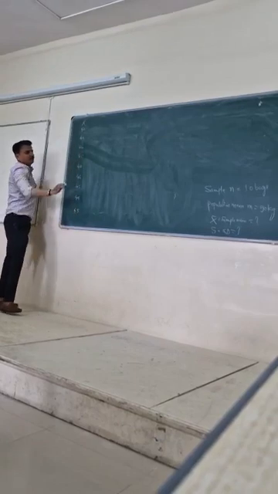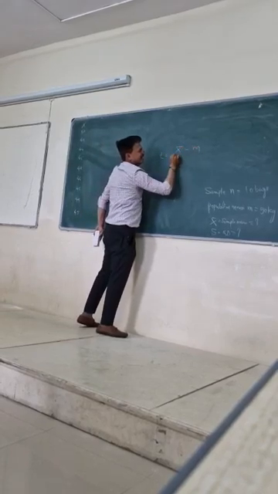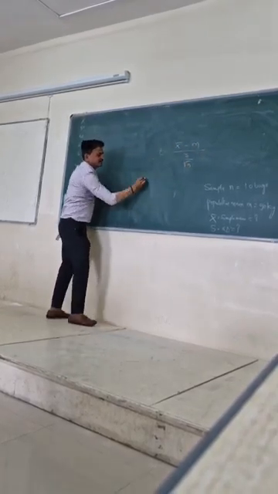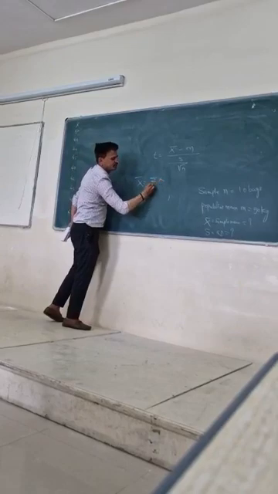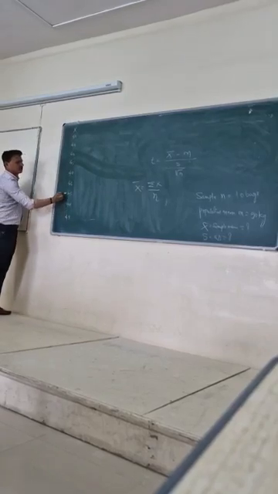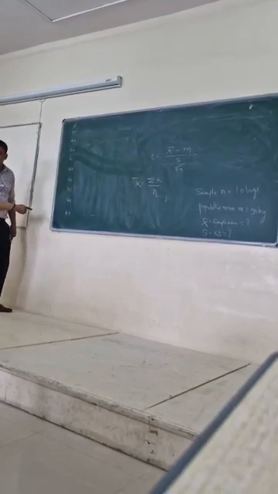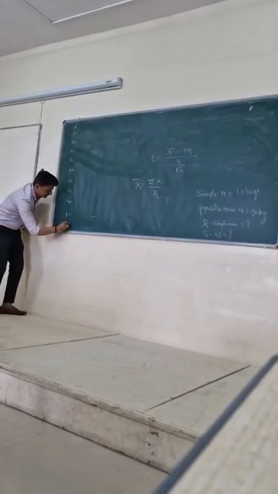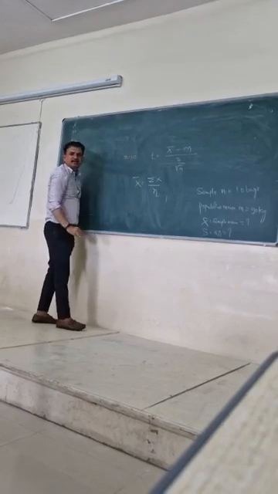So these are all the values of X. In this formula we require X bar and S. X bar means the mean, which we can get by the formula summation of X divided by N. N is the number of counts: 1, 2, 3, 4, 5, 6, 7, 8, 9, 10. Here 53, here 50, here 52. So the total number of bags is 10. So N is 10 bags.